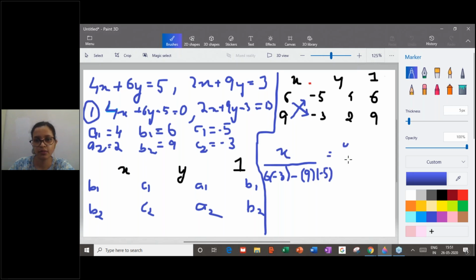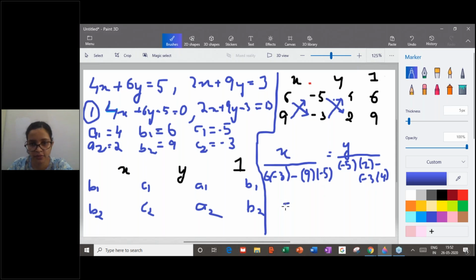Is equal to y by, now for y, there's already a minus sign, so -5 into 2 minus, so you're going to cross multiply, minus of -3 into 4. Sorry, I'm writing it down because there's no space.